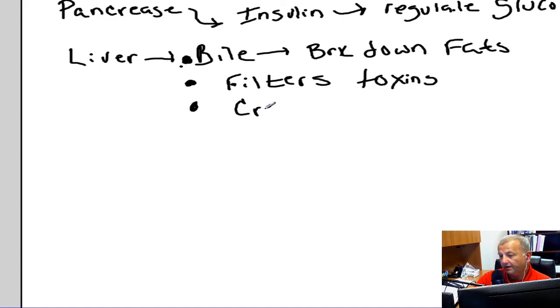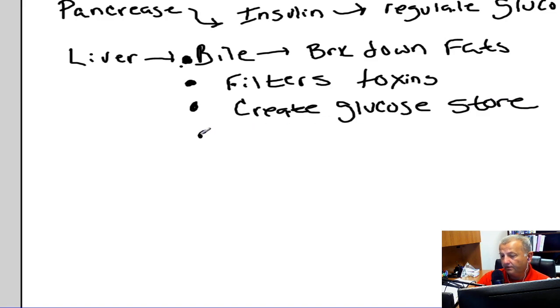Okay, so it's going to create glucose stores. It's going to store some glucose. So we need that, right? We need that backup, and that's kind of where the backup comes from.